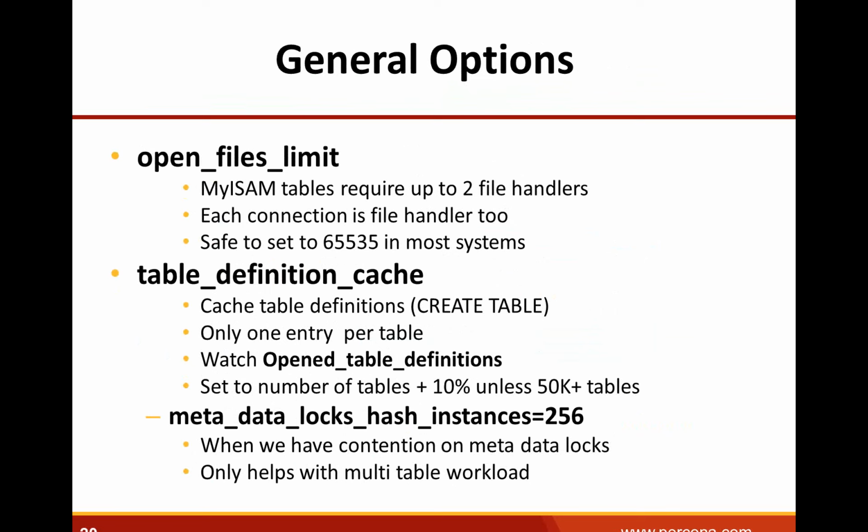I try to set it to a high number because this is just the upper limit, and I see no point in not allowing MySQL to use as many file descriptors as you want. On modern operating systems, this is a very cheap data structure, which typically is not a problem.